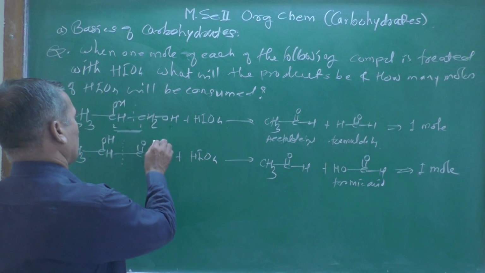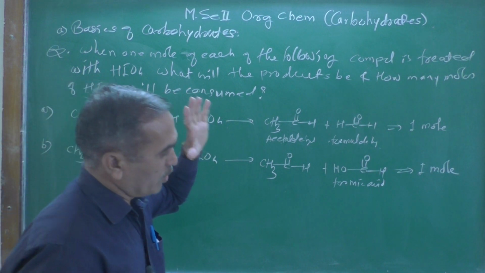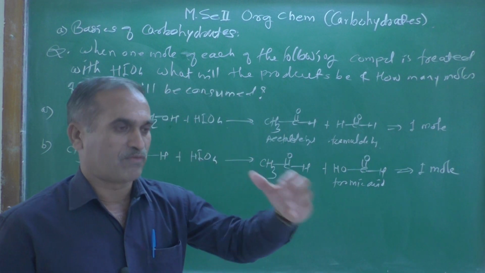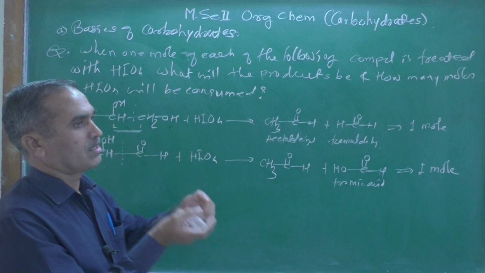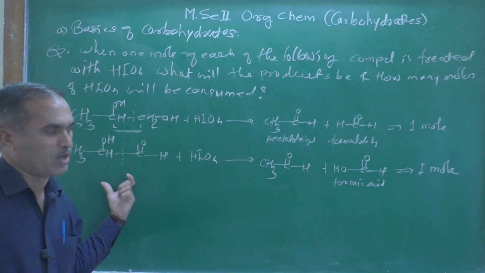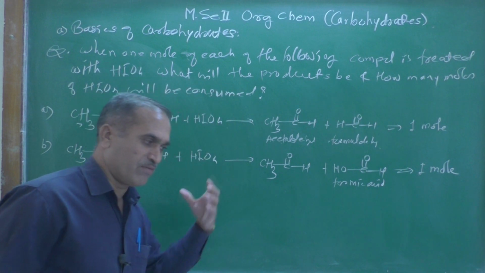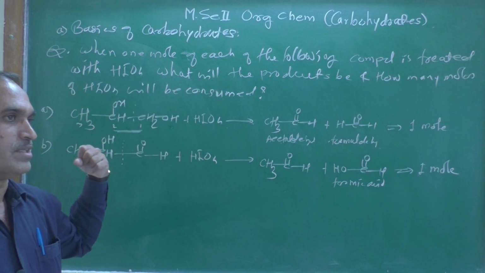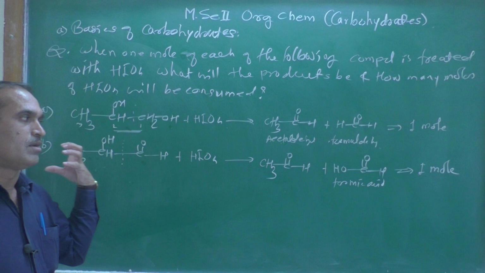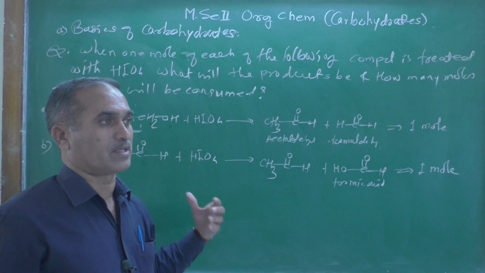Formic acid clearly has one aldehyde group and one hydroxyl group. By knowing what kind of final products they produce, from that we can understand what the actual structure of the organic unknown compound could be, right? So by knowing the final product, we can easily determine the structure of the starting material. What will be the nature of that starting material?